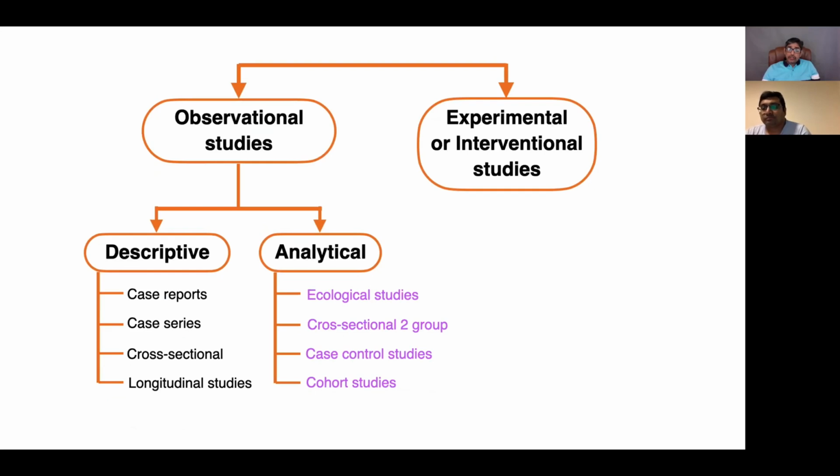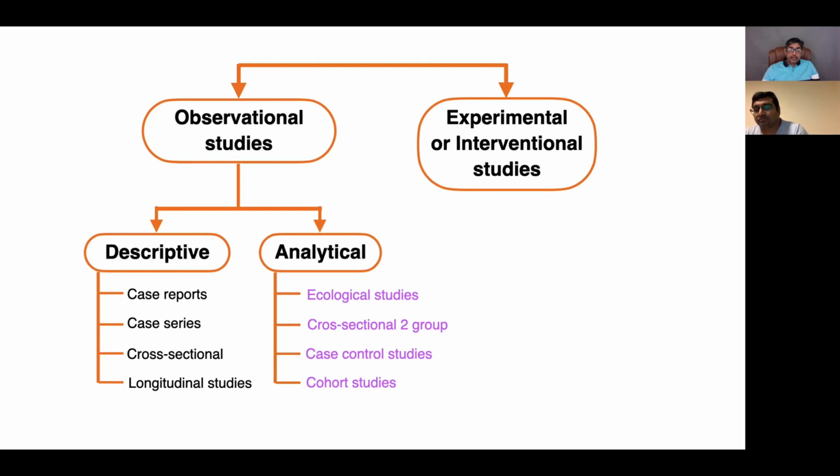Here I want to explain the difference between descriptive and analytical studies. In descriptive studies, you are describing a condition of the patient, a rare condition or rare presentation, or a set of patients in a cross-sectional study or a set of patients over a period of time. All these are describing only.